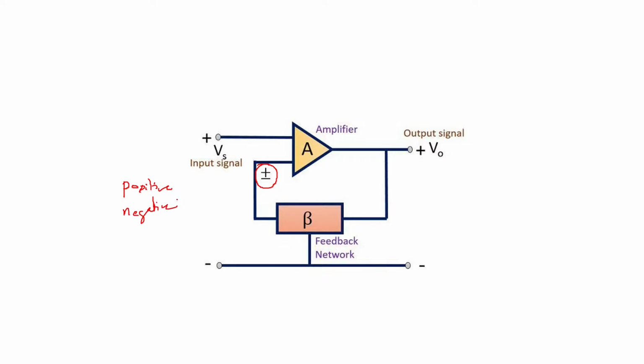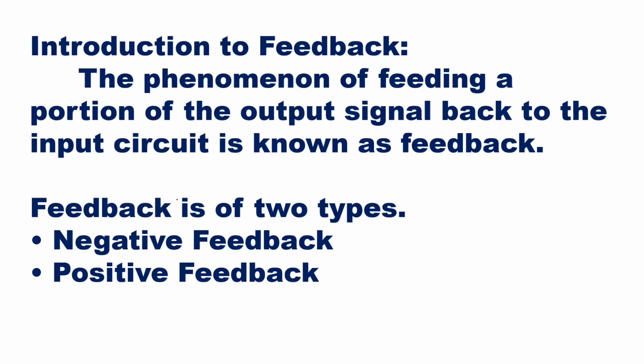So here, the main two concepts are positive feedback and negative feedback. First we'll see in short what is negative feedback, and then we'll go to positive feedback. So, introduction to feedback: the phenomenon of feeding a portion of the output signal back to the input circuit is known as feedback. Feedback is of two types, negative feedback and positive feedback.